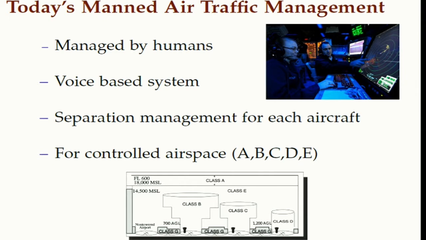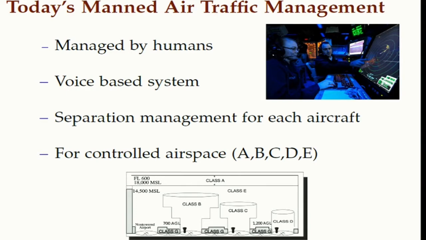This kind of system is enforced legally. The separation management for each aircraft is done through these voice-based systems via air traffic controllers, who are humans. This system currently works for what are called controlled airspaces, which are A, B, C, D, E. So there is some demarcation of the airspace over the continental US.